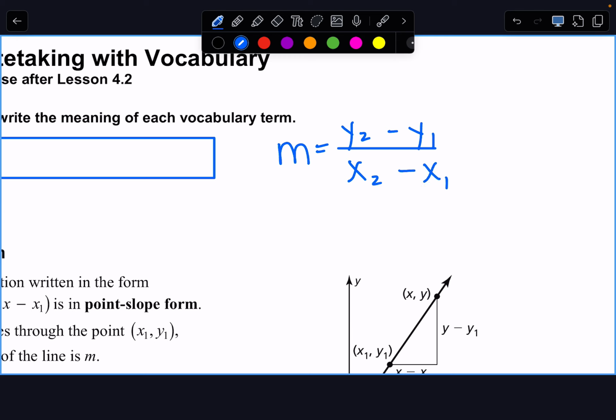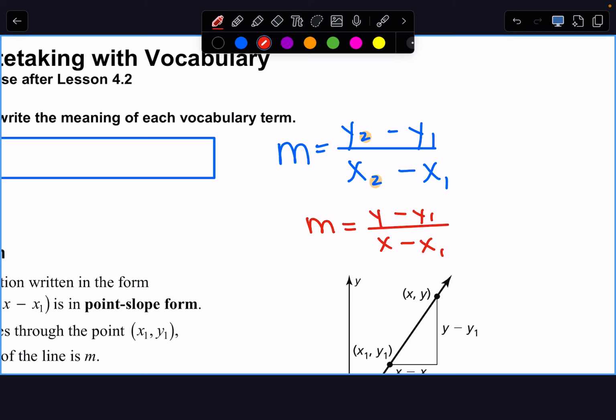I have a coordinate, but I don't necessarily know what the second one is. So I'm going to write it like this. Our slope is y minus y1 over x minus x1, just for right now.